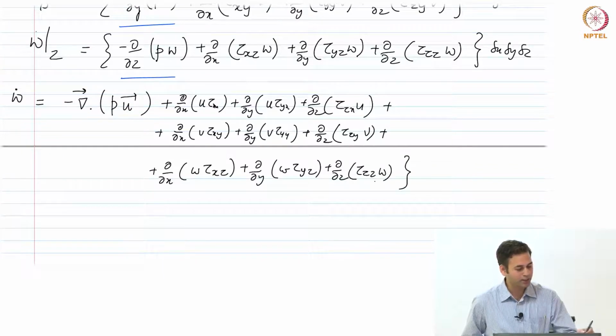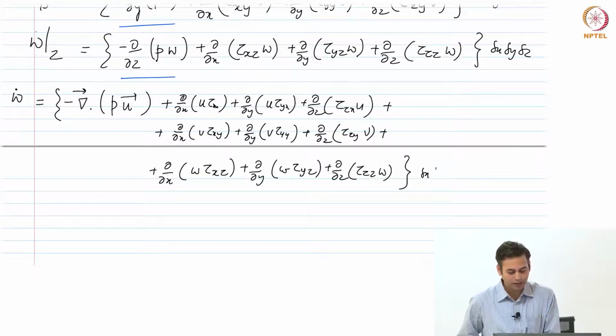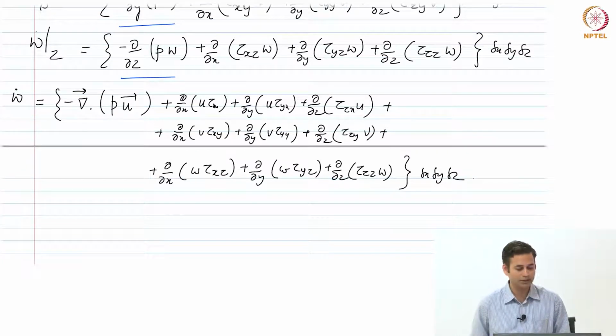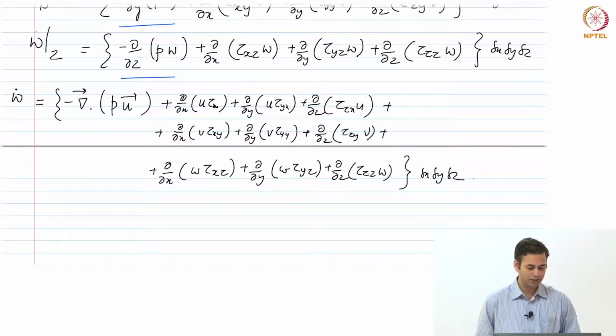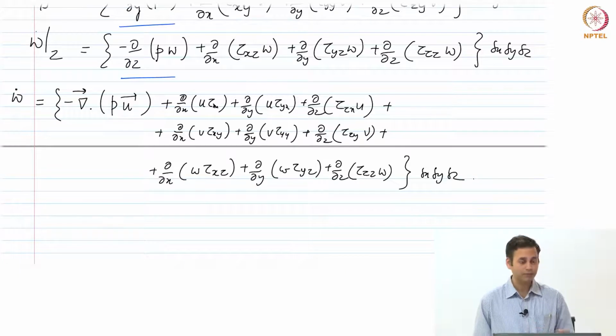So all these are multiplied with delta x, delta y, delta z. Is that correct? Or any mistakes in the summing up?